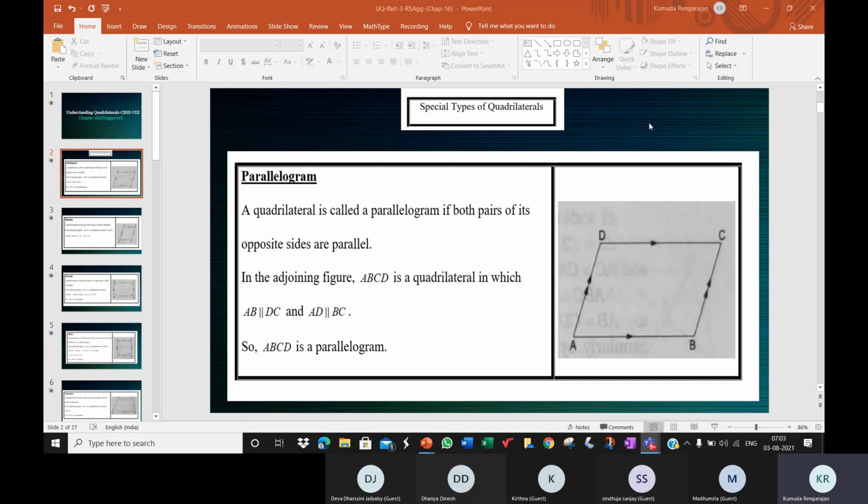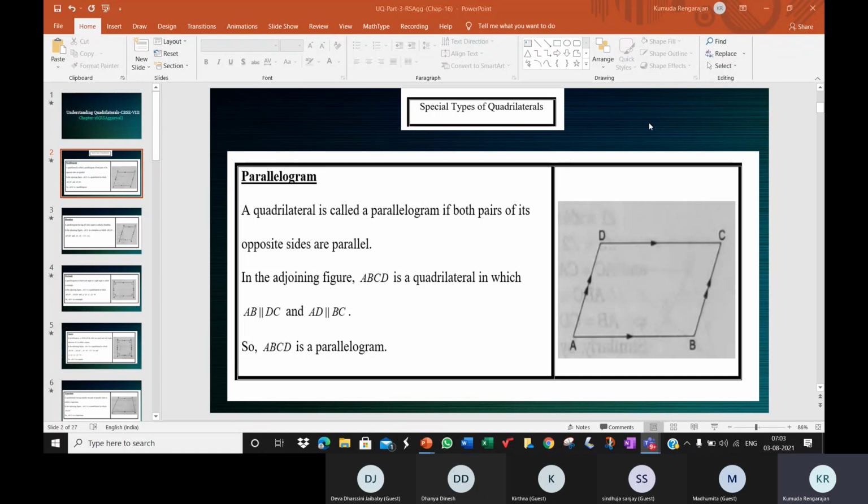Fourth one, diagonals unequal. Ma'am, the diagonals are unequal, right, ma'am? Yeah, diagonals unequal.